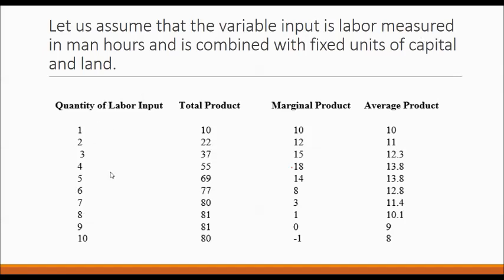So here we have the total product, and then this is the computation of the marginal product and the average product. For the total product, this is measured based on the number of products produced.